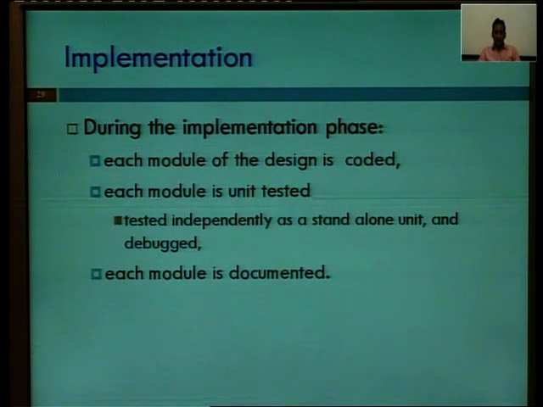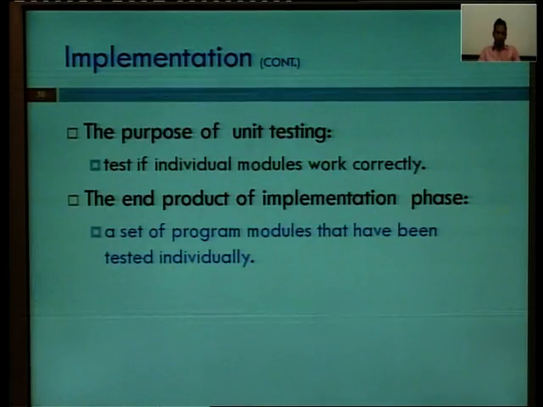A module is unit tested by means of designing different stub modules. Each module is required to be documented after the coding and unit testing.